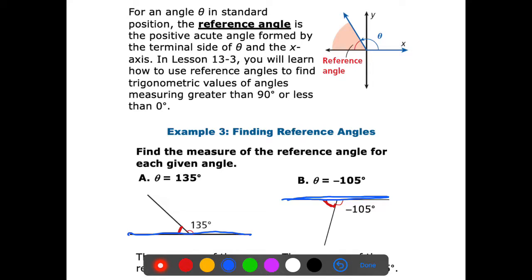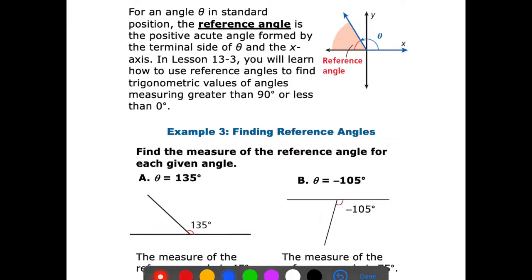One way to do this would be 180 minus 135, and that will give us 45 degrees. So that's the measure of this angle. And then for B, we would do 180 minus 105, and that will give us 75 degrees.